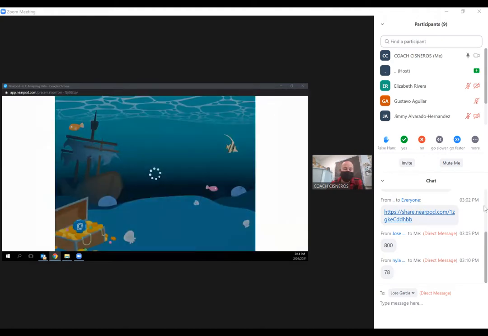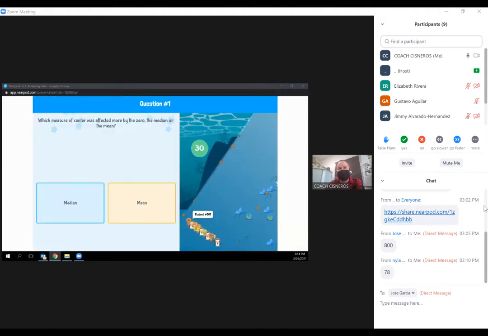All right. Let's see. Answer these two questions. There's just two questions on here. Which measure of center was affected more by the 0? The median or the mean?